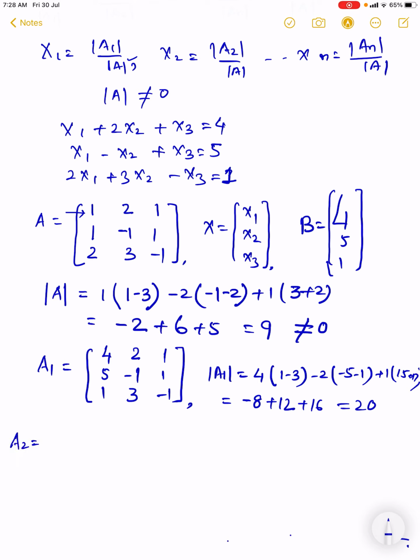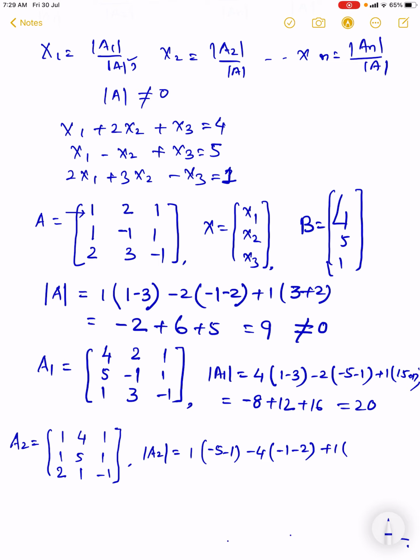A2 is equal to the second column replaced. So this is 1, 1, 2, 4, 5, 1, 1, 1, minus 1. The second column is replaced by B. Determinant A2, you can find here: 1 into (minus 5 minus 1), minus 4 into (minus 1 minus 2), plus 1 into (1 minus 10).